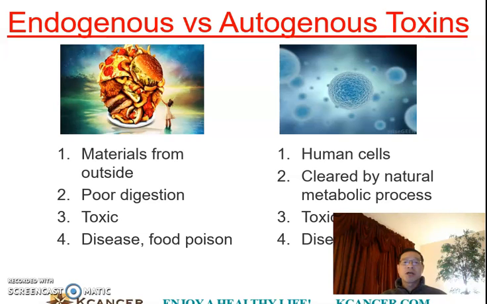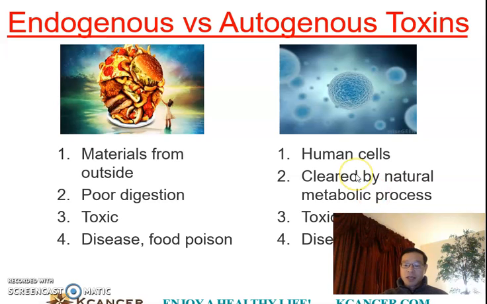I hope this makes clear the difference between endogenous and autogenous toxin. Both are generated inside the body, but the endogenous toxin comes from original materials from outside the body, such as food, while the autogenous toxin is generated from normal human cells.